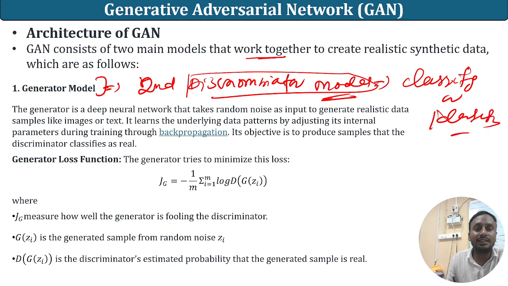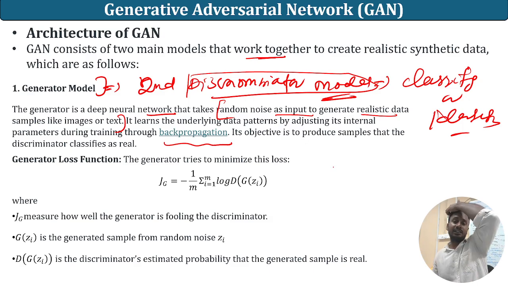The generative model is a deep learning neural network. It takes random noise as an input to generate realistic data samples like images or text. It learns the underlying data pattern, and then we get to back propagation. It's a reverse engineering.